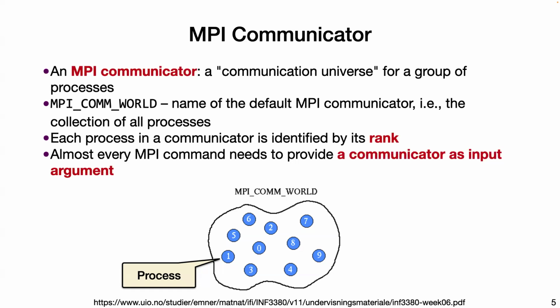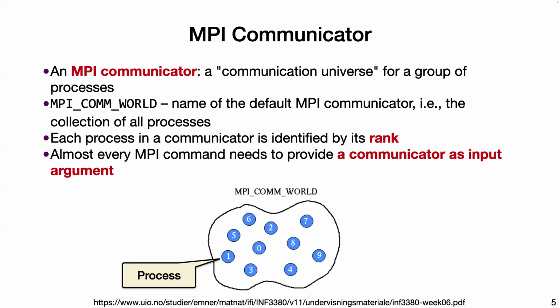Each process in the communicator has a rank, which is a unique identifier starting from 0 and going up to the number of processes. When you write MPI commands, you usually need to provide the communicator that the command is running in, so which world these processes are in, even for point-to-point communication.